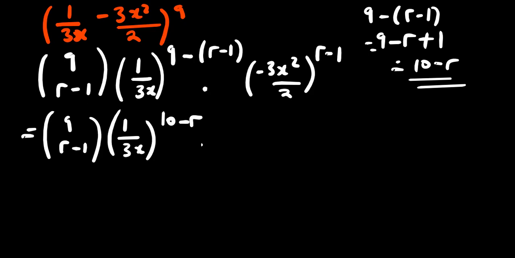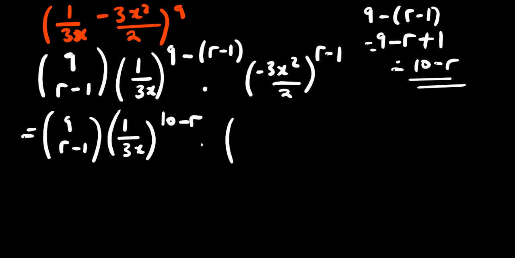This is multiplying by our negative 3 over 2. So what are we now going to have? Allow me to separate it. I want to put the x to be alone.